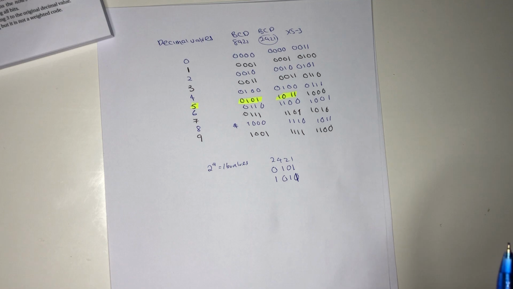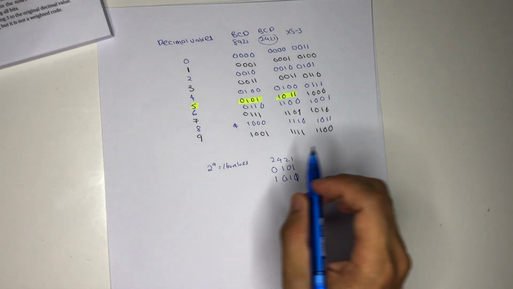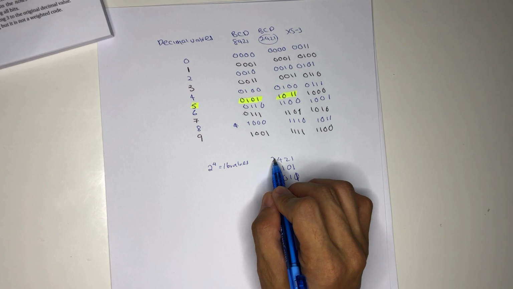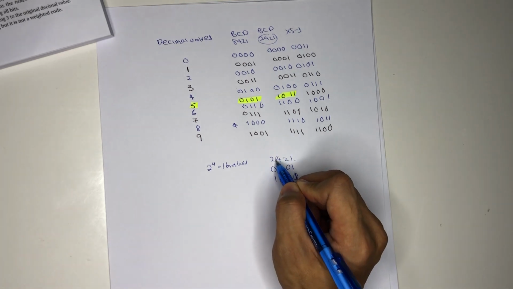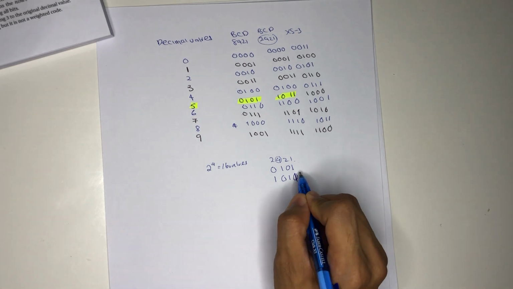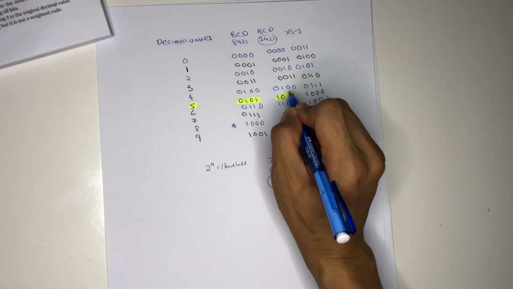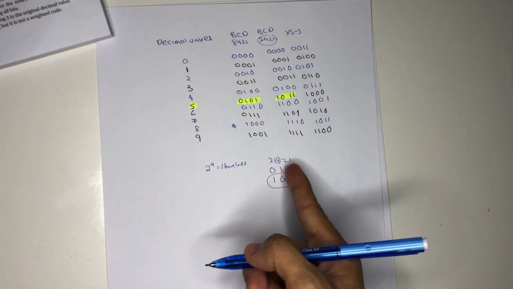This is where it says the code with lower binary weight is used. You see this one, it used binary weights 2, 2, 1. It's much lesser than this binary weight of 4, right? Lower binary weight. So that's why we choose this one, 1, 0, 1, 1, rather than 0, 1, 0, 1.